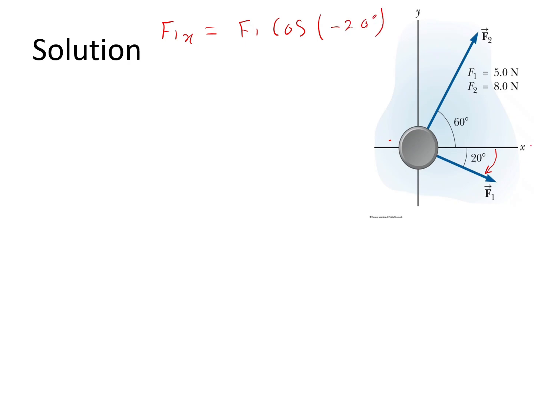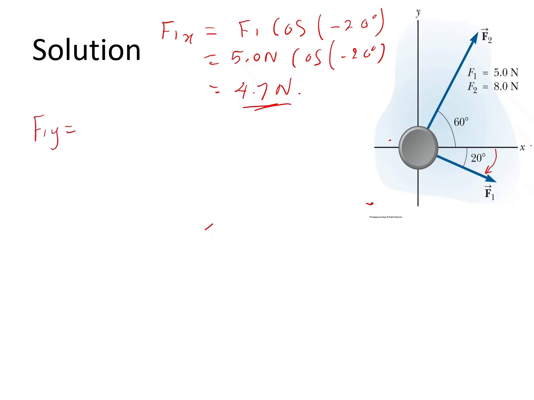F1 is equal to 5 newtons. So 5 newtons times cosine negative 20 degrees gives us the x component of F1, and that is equal to 4.7 newtons. Then we can look at the y component of F1.